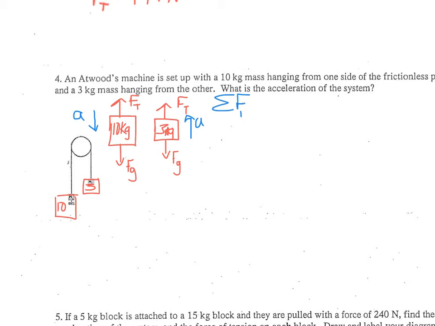Sum of the forces on object 1, which is our 10 kilogram, going left to right, is going to be, and if you notice, the free body diagrams are pretty much the same. It's going to be tension up, weight down, and that's going to equal M1A.